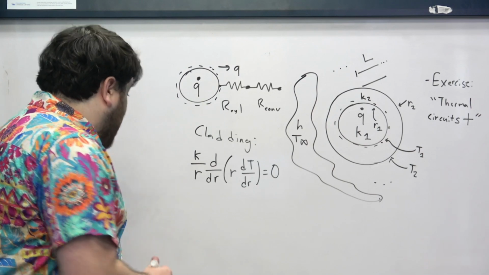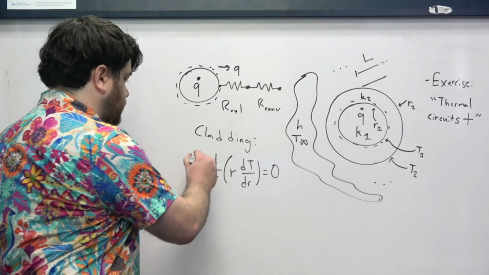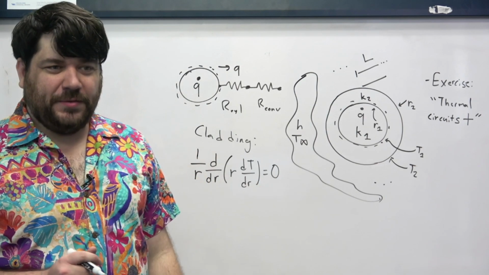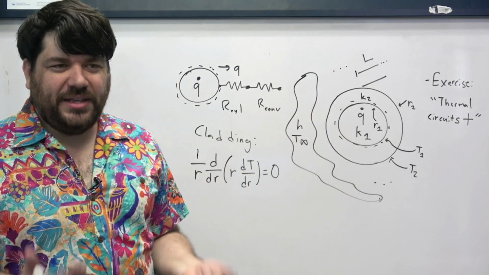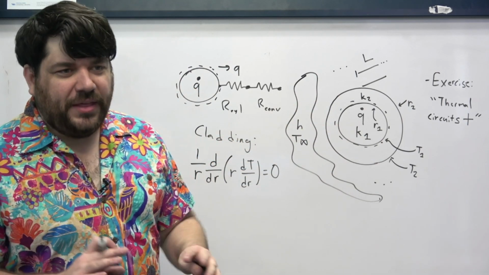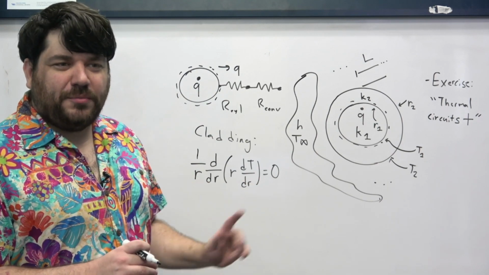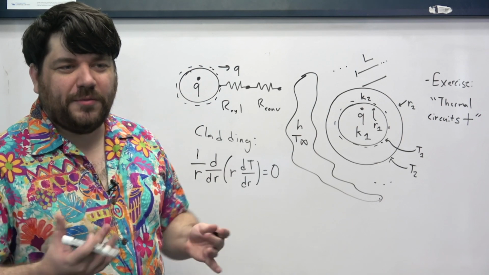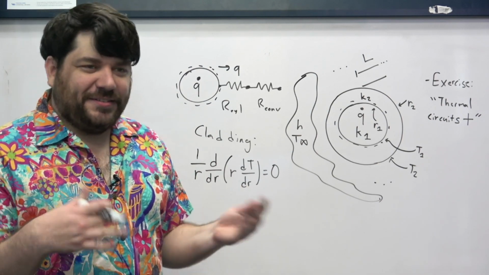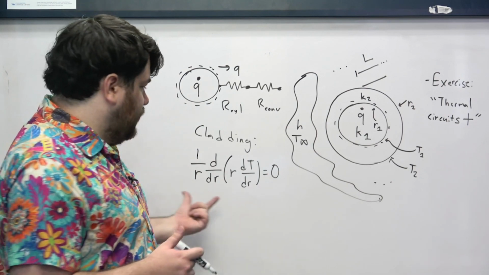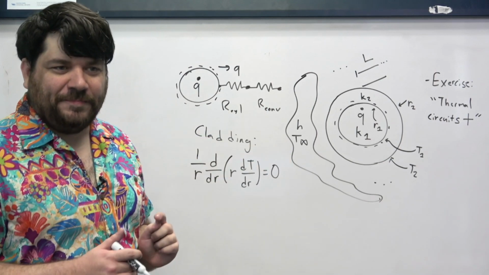The k, of course, doesn't matter. It doesn't show up because we can always divide by k on both sides. Now, if we didn't know a temperature, but only knew a heat flux on a boundary, then the k would show up, but not as a result of the integration process. It would show up as part of the boundary condition. Maybe the heat flux is a function of k, and then it would get plugged into the equation, but it never shows up in the actual differential equation we need to solve.